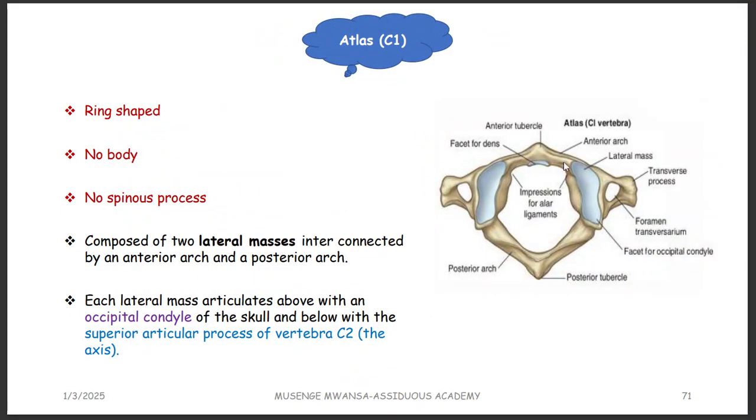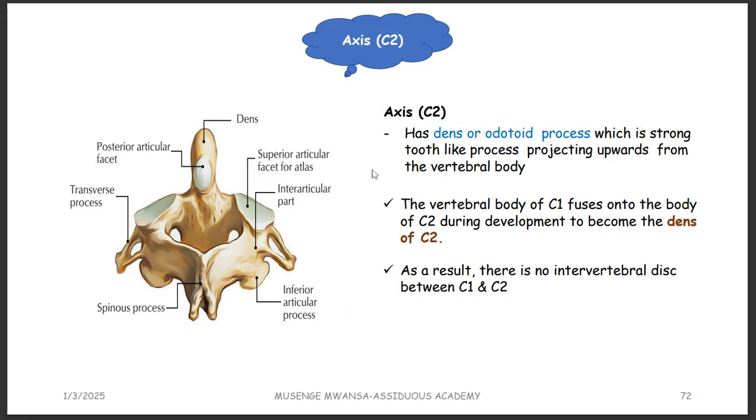C1, when you look at its shape, it's a ring-shaped bone. It has got no body and it has got no spinous process. It has got these lateral masses, okay, and then it's going to connect with C2, which is the axis, forming the atlantoaxial joint. The axis, which is C2, also you can see it has got one prominent feature here, which is the dens.